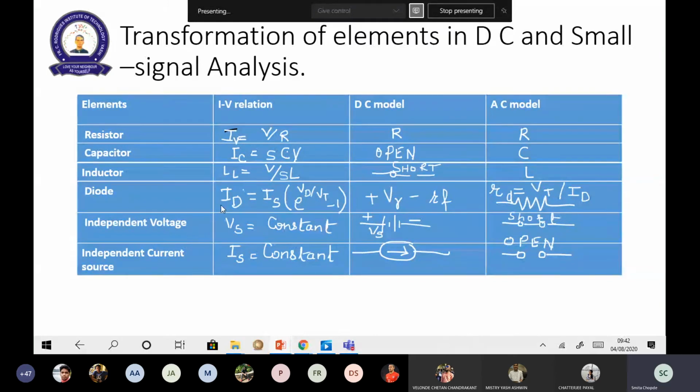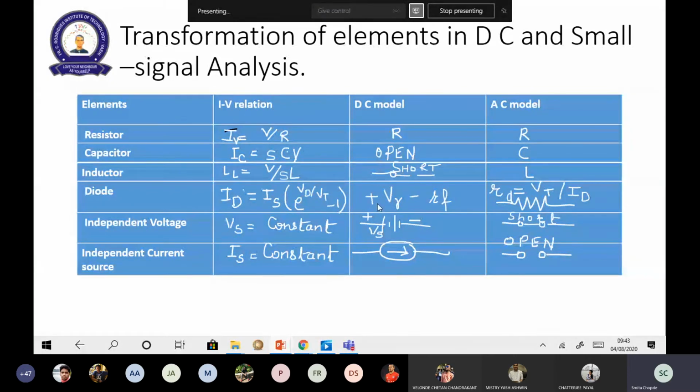So the diode: the current relation is given with IS. IS is a small DC current that exists when no external voltage is applied. So you can see the current is varying exponentially. So ID is equal to IS into e raised to Vd by Vt minus 1. Vd is the forward bias voltage. Vt is the temperature varying voltage, which is 26 millivolts. Okay. So this is the diode current relation.